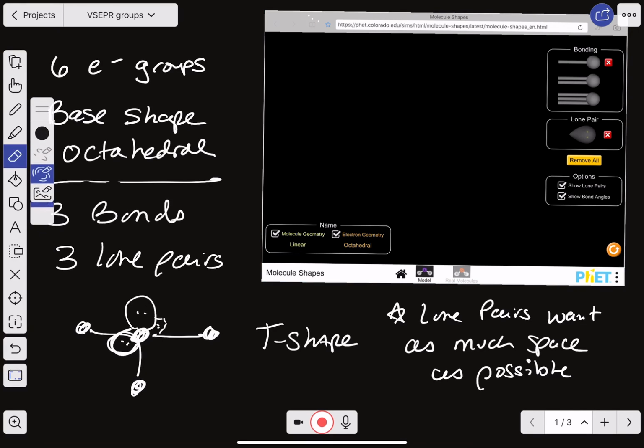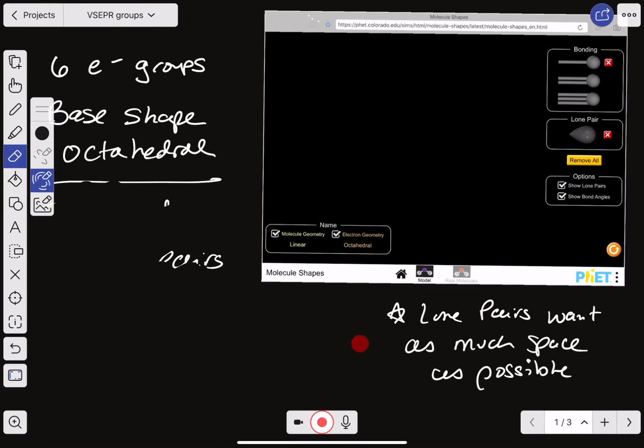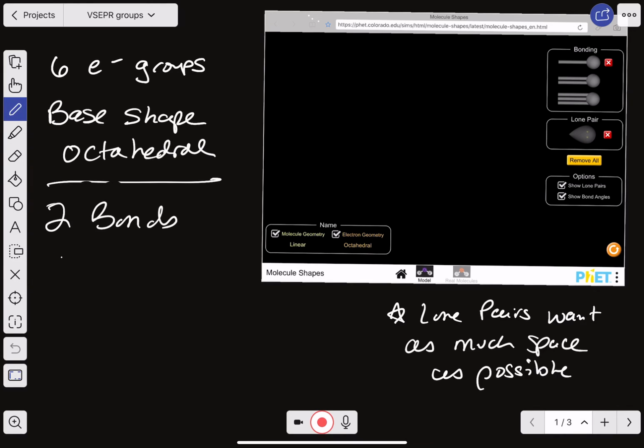Let me erase what I had before. So when we have 2 bonds and 4 lone pairs, here's our central atom, and I will draw it this way this time. This is a lone pair coming out at you, another lone pair coming out at you, a lone pair behind, and a lone pair behind.